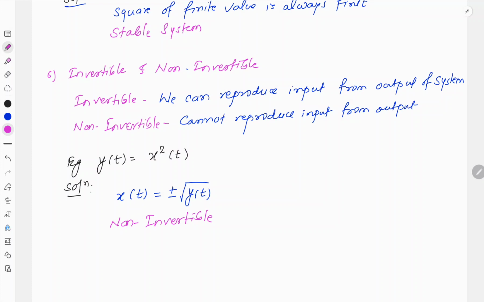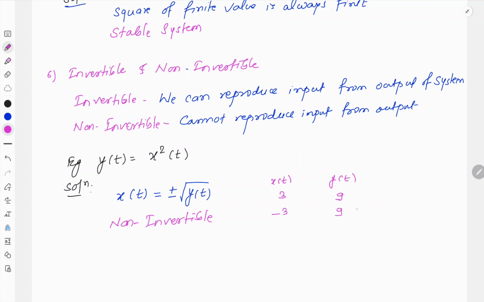In this particular case, we can find the magnitude of x from y. So for example, if x of t is 3, we know that y of t will be 9. But if x is minus 3, still y of t will be 9.